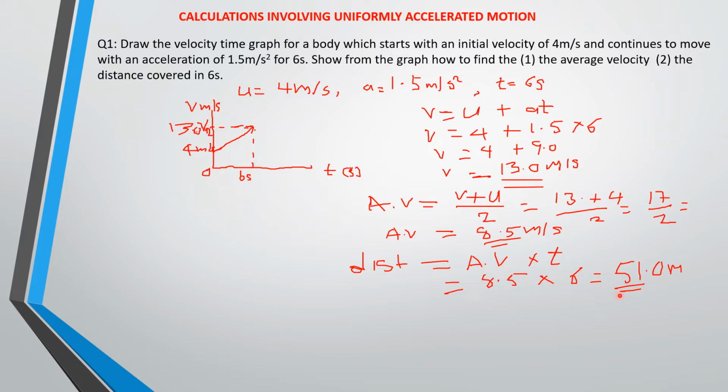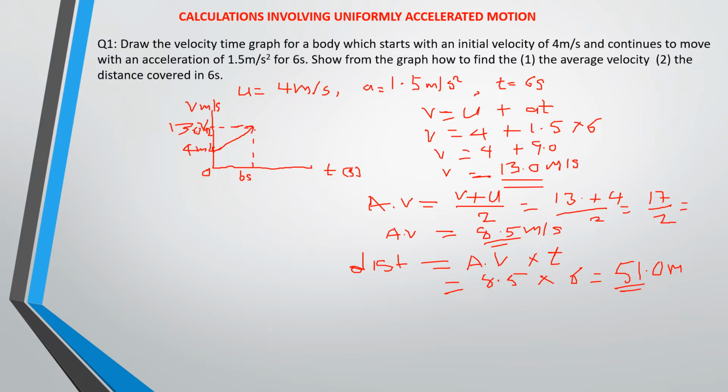You can also get this if you look at the graph. You see that this shape is that of a trapezium. These are the parallel sides, and this is the height of the trapezium.